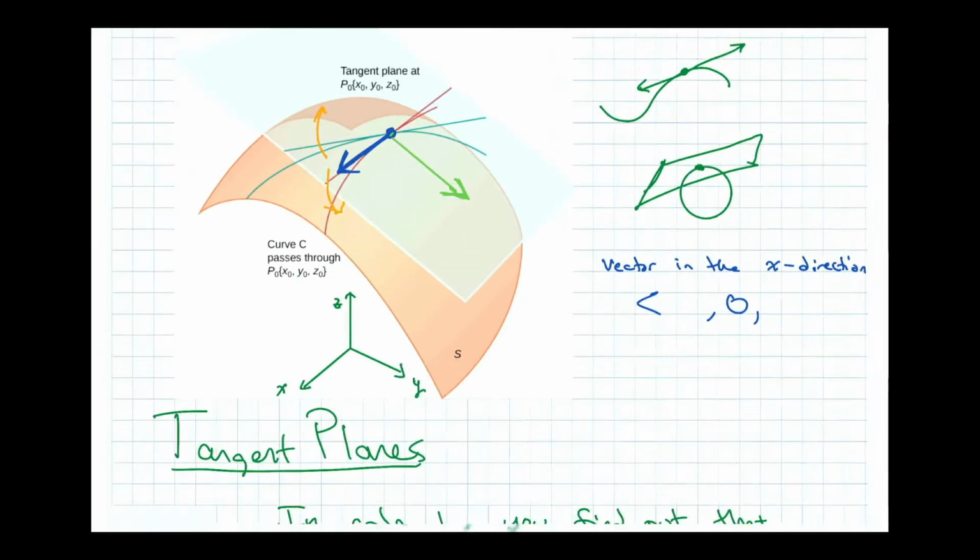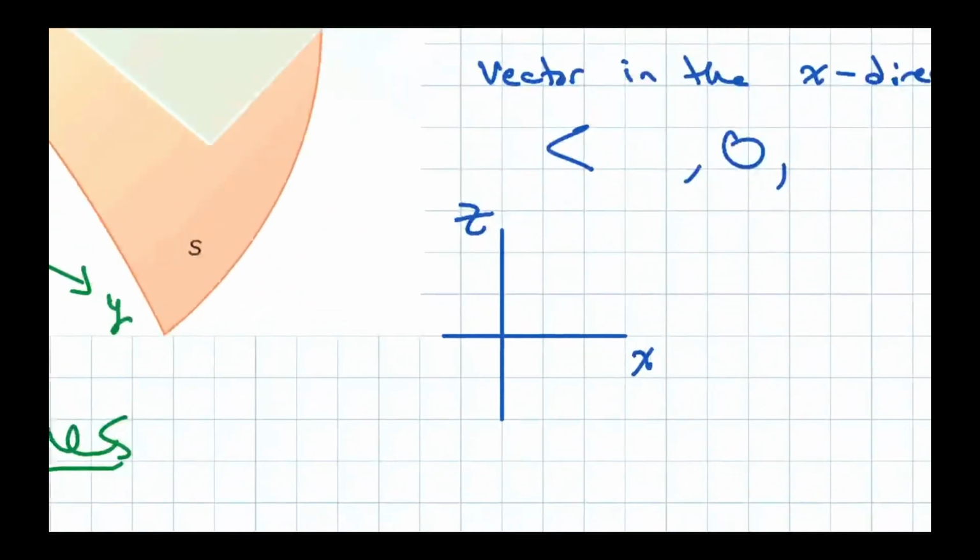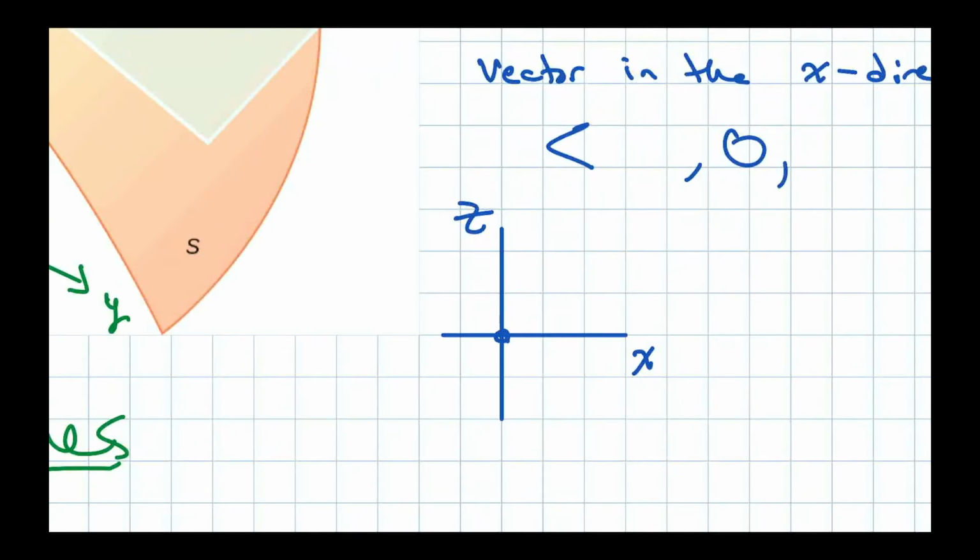And if you were carefully looking at this vector on a 2D plane, you might see this. If you look at just the x and the z, then from 0, 0, the vector might point up or the vector might point down.